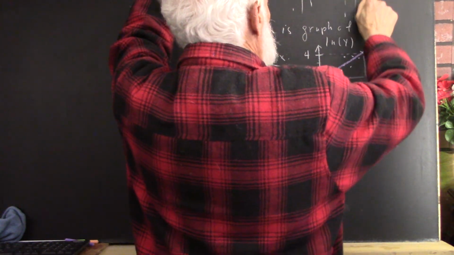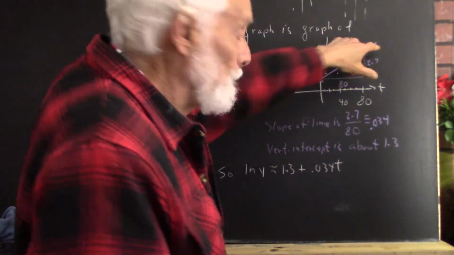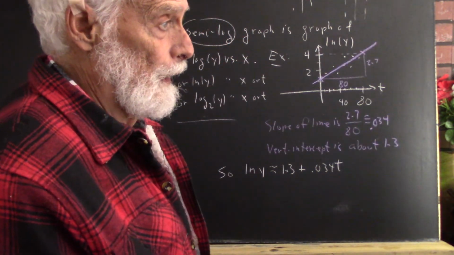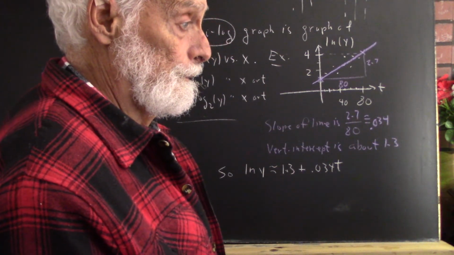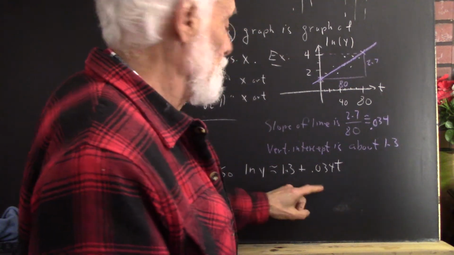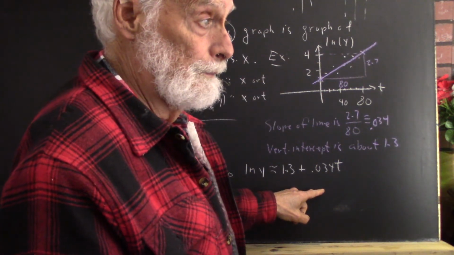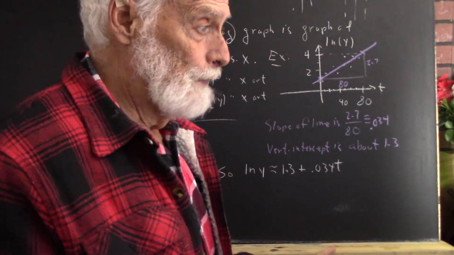You take your calculator or Excel and calculate the natural logs of y, and that's what you plot here. If it comes out a straight line, then you're fairly confident you have exponential growth. And we talked about this last time, okay?